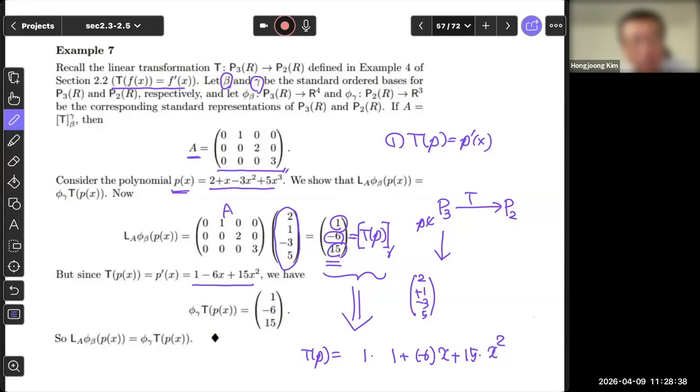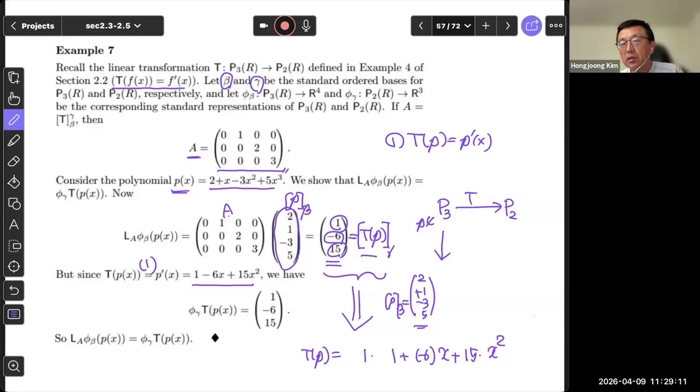So as I said, there are two ways. You can directly apply the differentiation, or we can consider the coordinate of the vector. This is the coordinate of P with respect to beta, and then you can multiply that coordinate with A to get the coordinate of the image with respect to gamma.